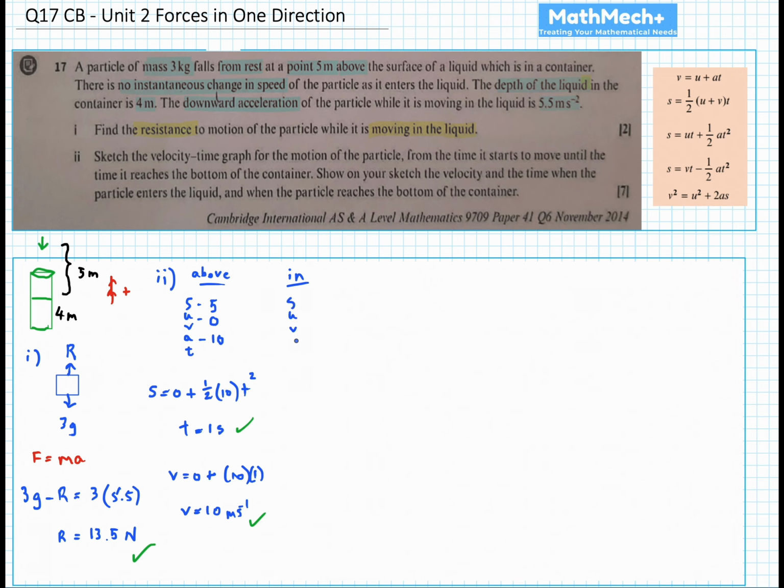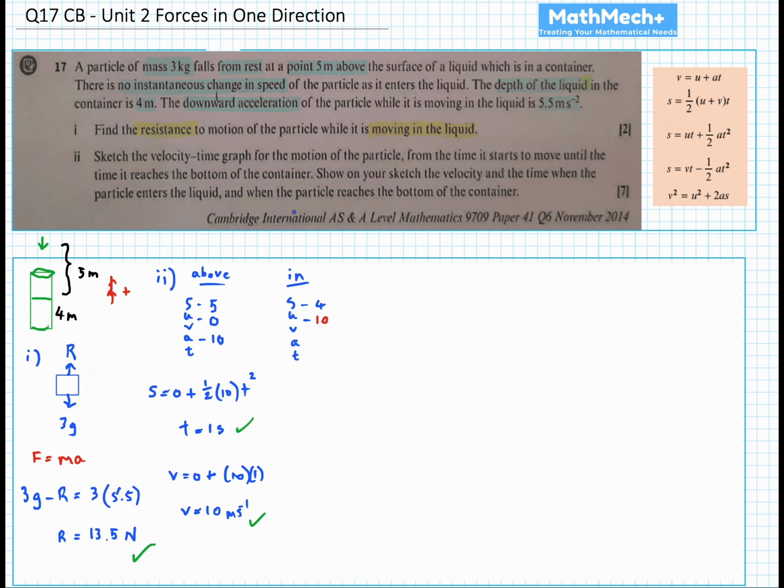So it's 4 meters. The initial velocity isn't 0 this time. Remember that we're dealing with a stage upon another stage. So the velocity from the previous motion, the final velocity, is now our initial velocity continuing on. Keep in mind that detail when you're dealing with multi-stage problems.